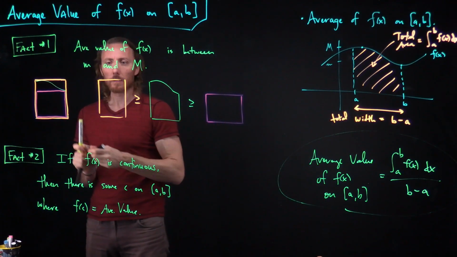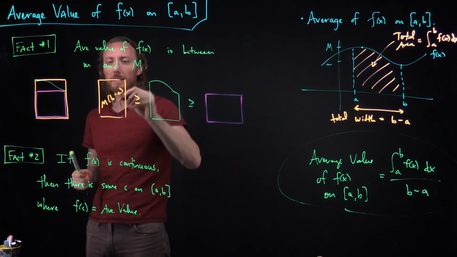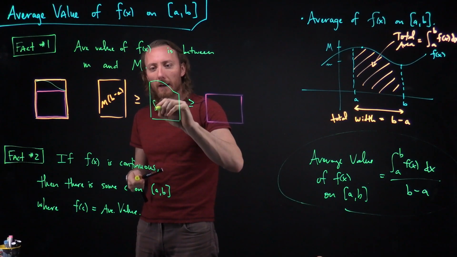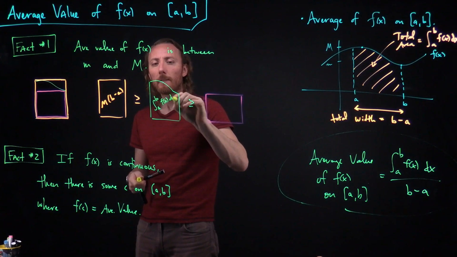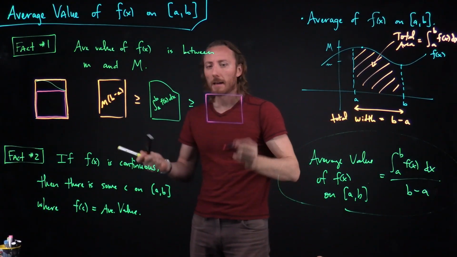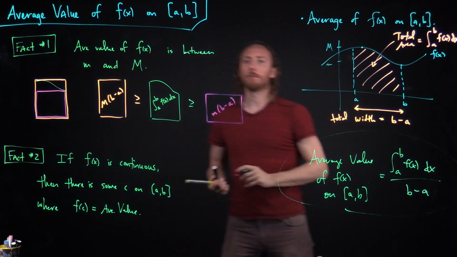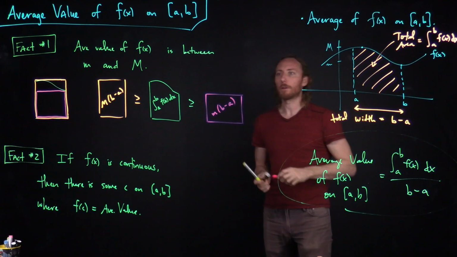Because this large region has an area of M times b minus a, where M is the capital M for max. This region in the middle has an area of the integral from a to b of f of x dx. And this minimal rectangle has an area of little m times b minus a, right? Because the width is b minus a, the height is little m. It's no more complicated than that when you've got a rectangle.